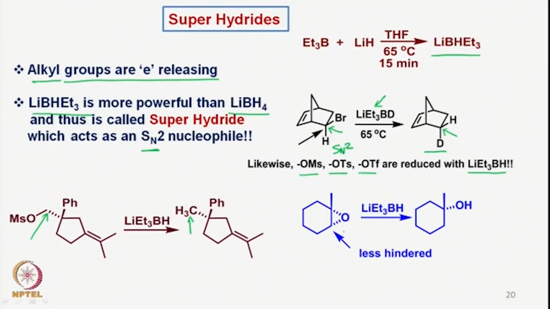So basically lithium triethyl borohydride, a superhydride, is comparable with lithium aluminum hydride in many senses, but then there is a mixed reducing agent nature.